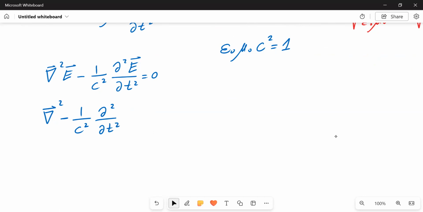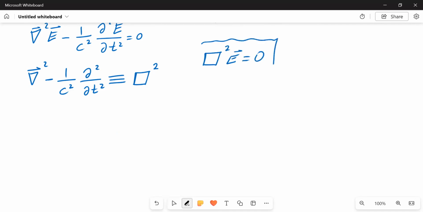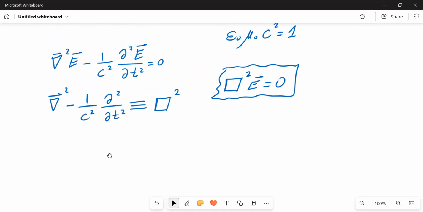We put them all in one package and define a new operator, which is called the D'Alembert operator. We show it with a square. So at the end of the day, my electromagnetic wave equation is given by this simple one-inch line.